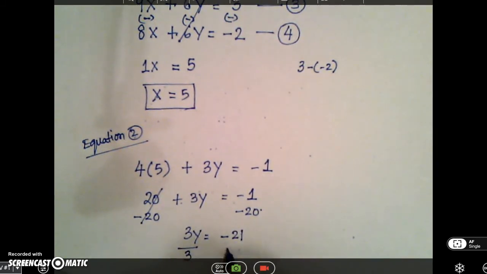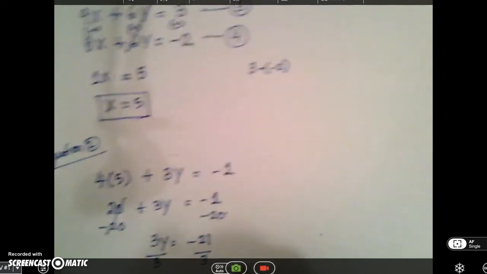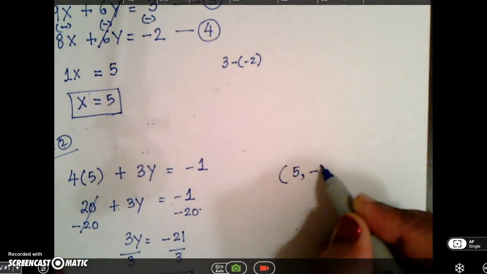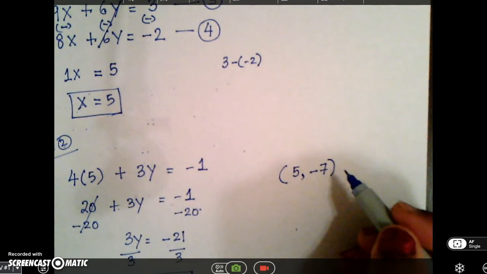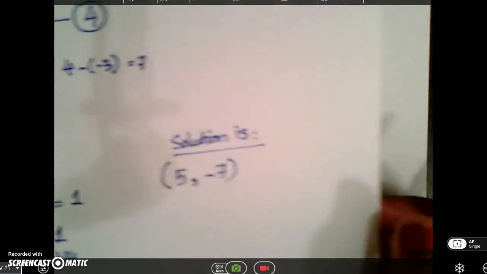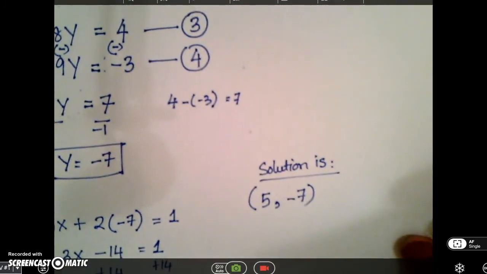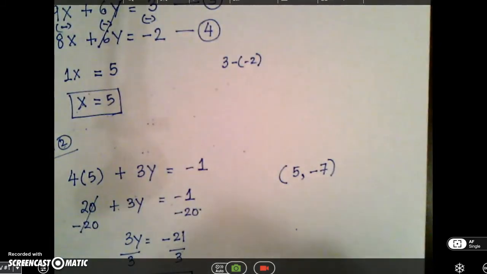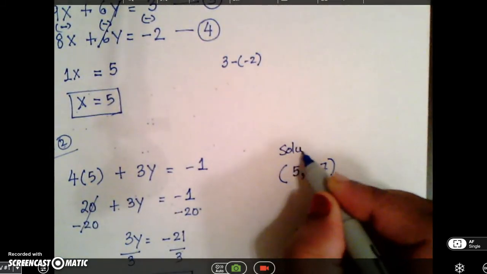So divide by 3 and get y equal to negative 7. So my solution is 5, negative 7. I had the same exact solution when I tried to eliminate the x. 5, negative 7. So you could eliminate any one of the variable you want.